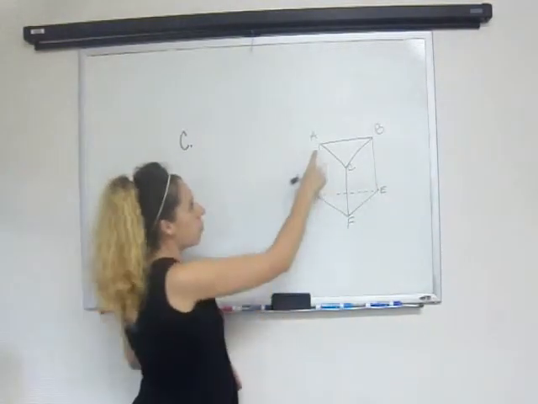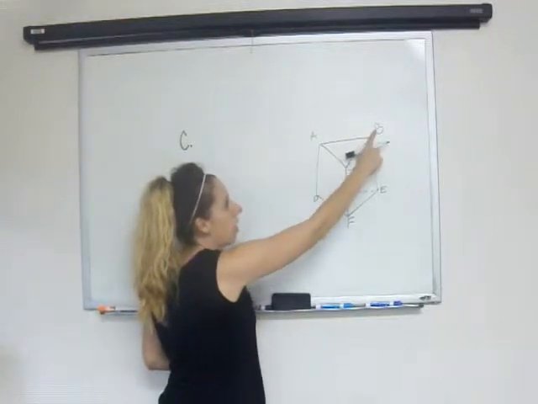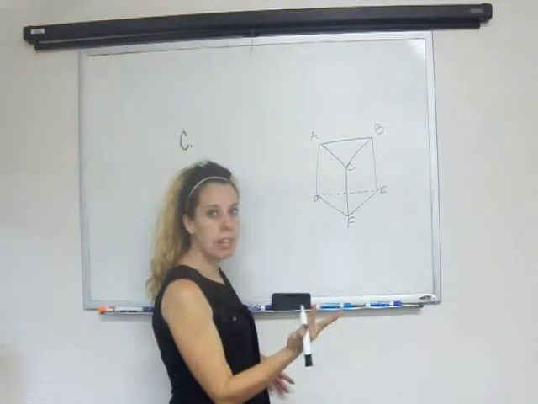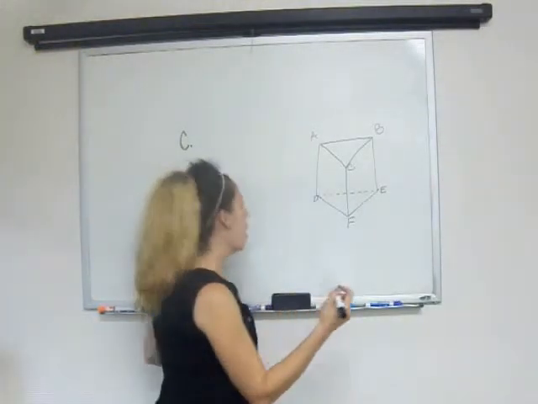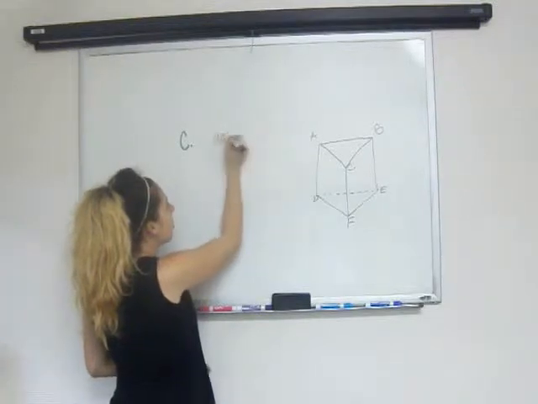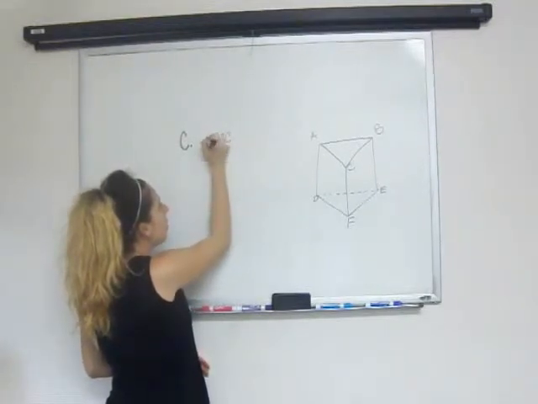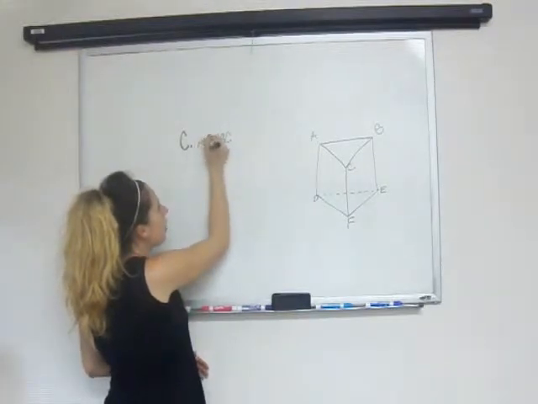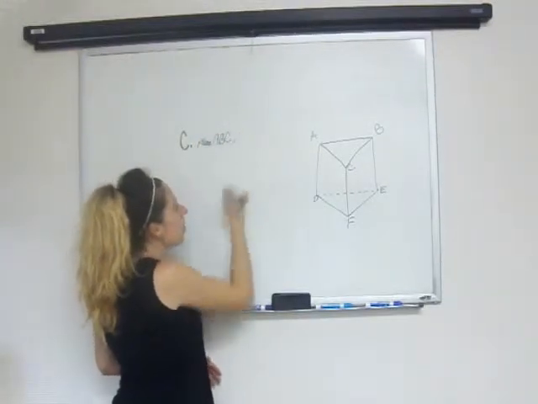So if we look at the top of this shape, we can see that A, B, and C make this triangle right here, which is a plane. So our first plane is plane ABC. And we can just write it like a little triangle, or you can just write plane ABC.